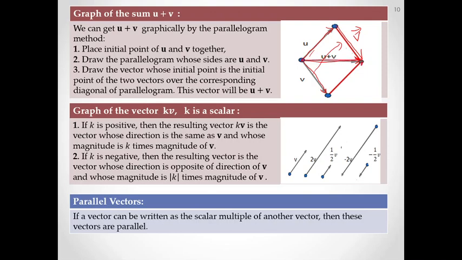So this vector becomes u plus v. Basically you make a parallelogram with u and v, and then you make the diagonal. Or, as I said, you put u, then add v: you connect them this way, where u ends, v starts, and now this becomes u plus v. This is another way to show it.